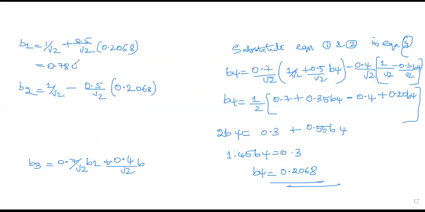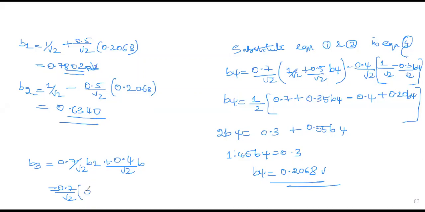Okay, 0.7802. What about B2? 0.6340. Okay. Now substitute it into B3.